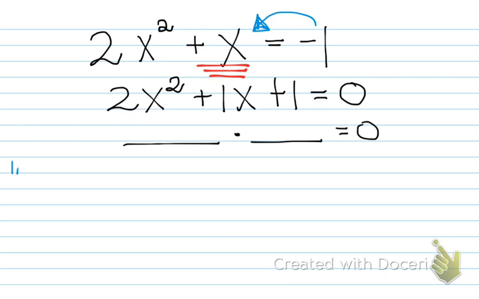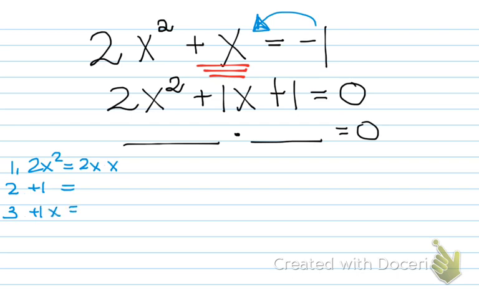The first number is 2x squared. That equals 2x times x. The second number must be the third number, which is plus 1. And we're trying to get the middle number, which is plus 1x.